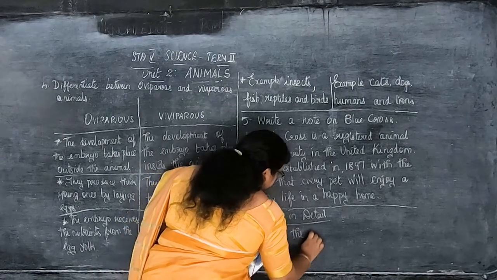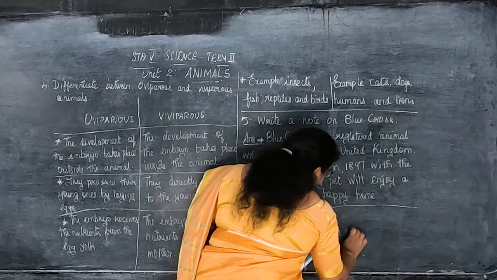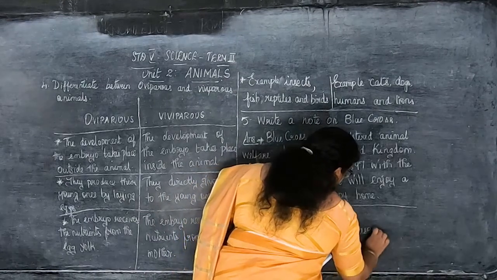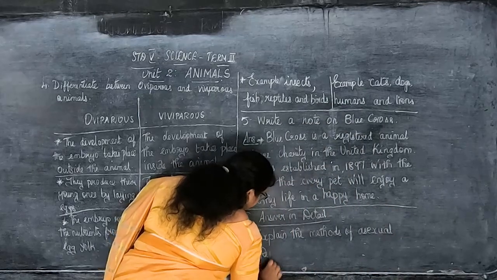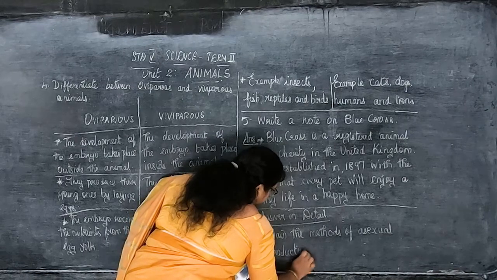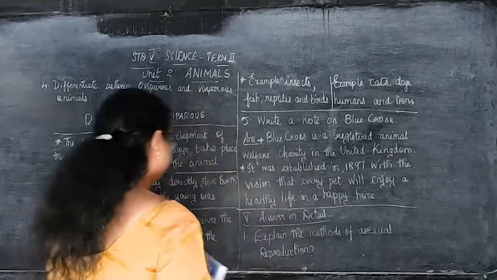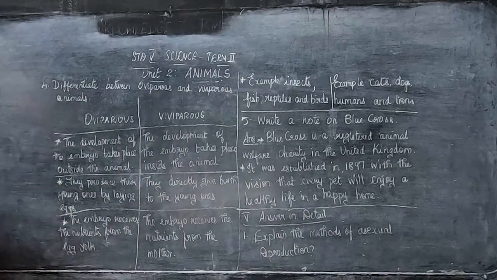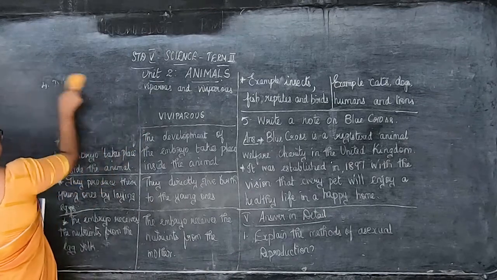Explain the methods of asexual reproduction. So we are going to go to the detailed question answers now children, okay? Have you finished this? Write down in your classwork neatly children.